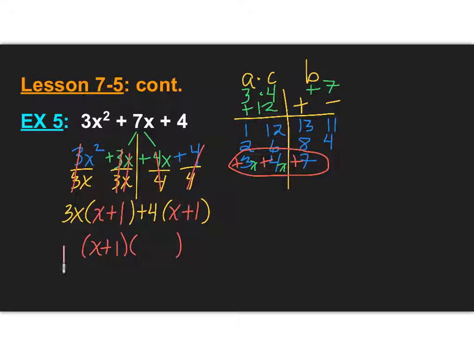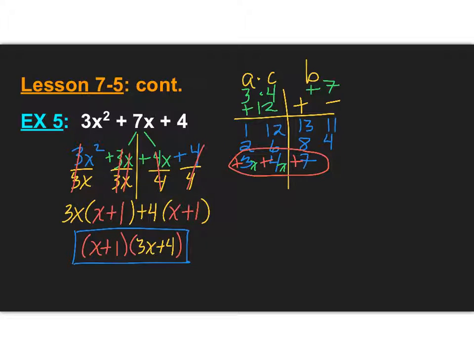And then what's left over, the 3x and the 4, go into the empty parentheses behind. And then you just want to quickly evaluate, are you done? We have two binomials, both of which are sums, so that should tell you, since they're sums, you cannot factor the sum of a binomial other than a greatest common factor, and we've already tried to take that out. So there is our final answer.